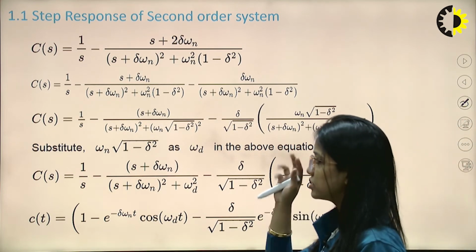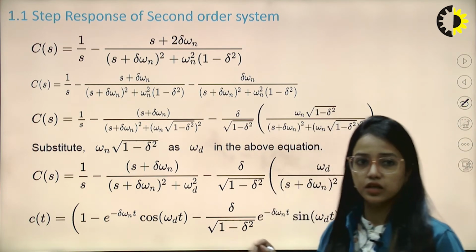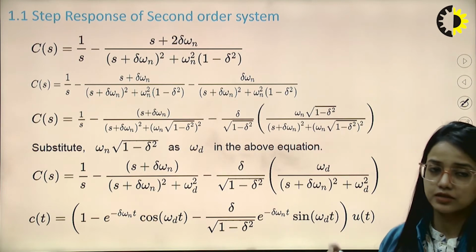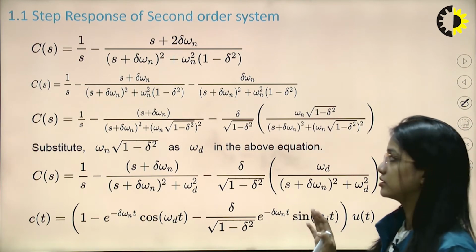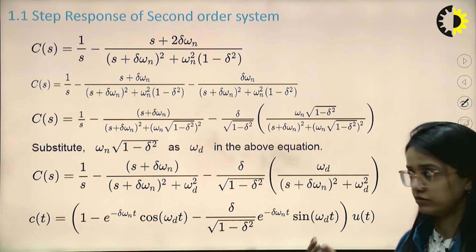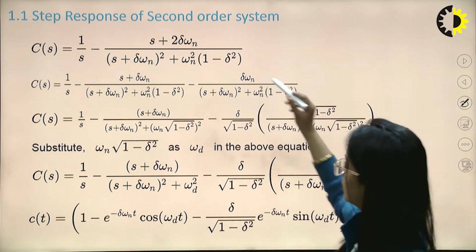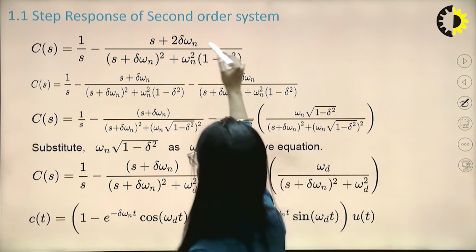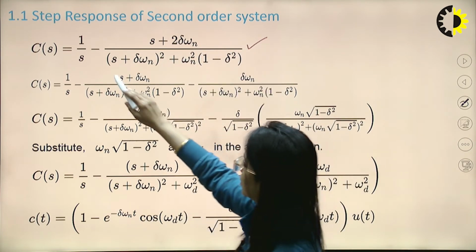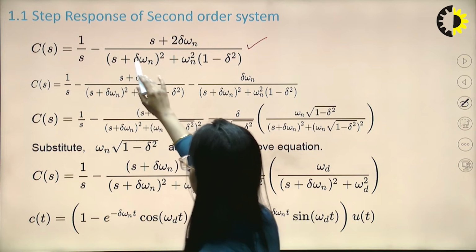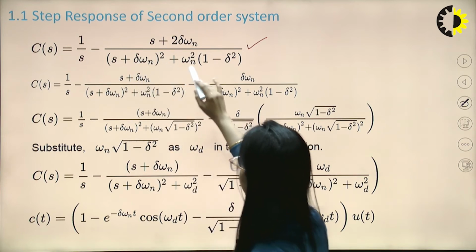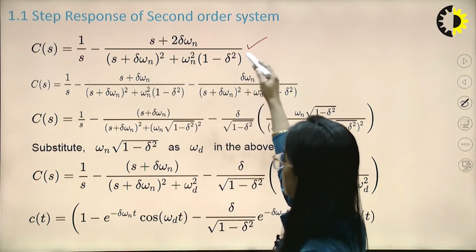Now we have to see this derivation very carefully. This is important, and once you understand it for the first time, you will be able to solve it again and again. So what is happening? S plus 2 zeta omega n divided by s plus zeta omega n whole square plus omega n square into 1 minus zeta square.